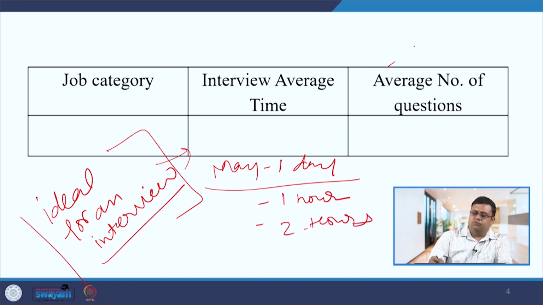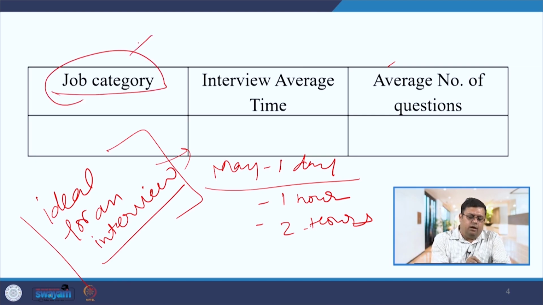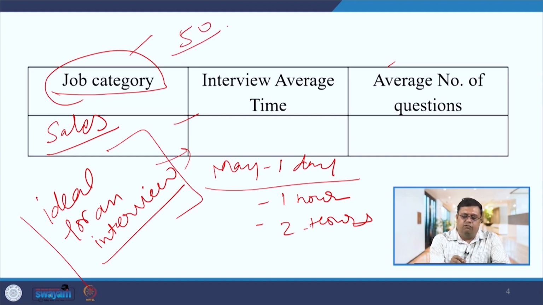How many questions should we ask? What should be the number of questions? If we have calculated this data for any job position, or job category that you can write here, let us say the sales department, the average time, say 50 people have given the interview and each took 25 minutes.